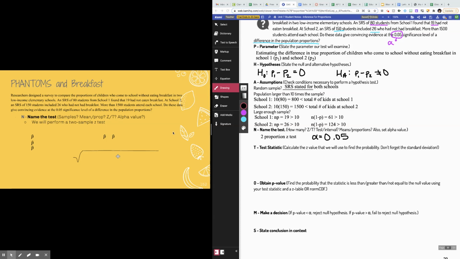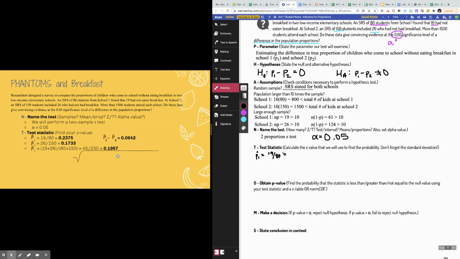All right. Okay, next, we have to calculate our test statistic. We need a couple of things. We need the sample proportion for each school. So p hat 1 is 19 out of 80.